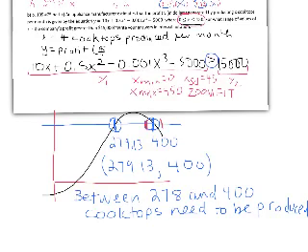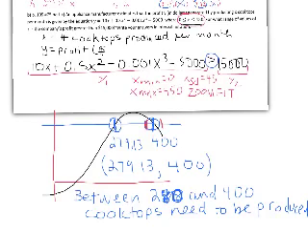I rounded up to, I don't know why I said 278. I meant to say 280. Okay, so let's fix that. 280, because if I only make 279 cooktops, then I'm less than 15,000. But if I round up to 280 cooktops, then I am making more than 15,000.